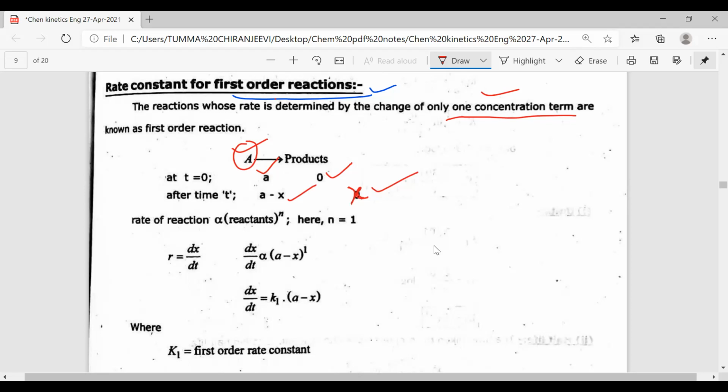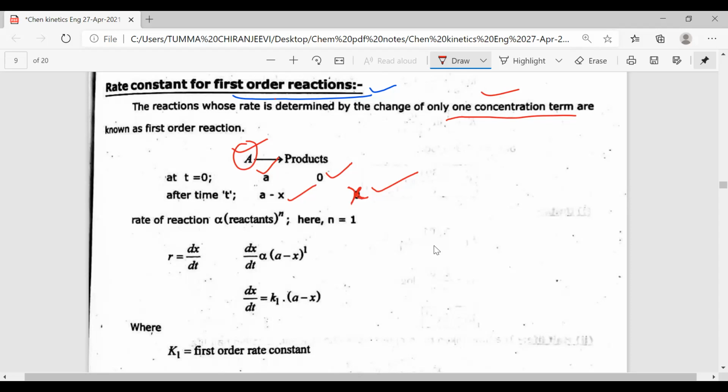Yes, we know that the rate of the reaction is directly proportional to the concentration of the reactants, because it is a first order reaction. So what is the concentration of the reactants after some time?